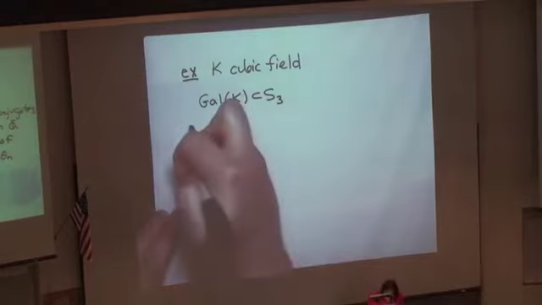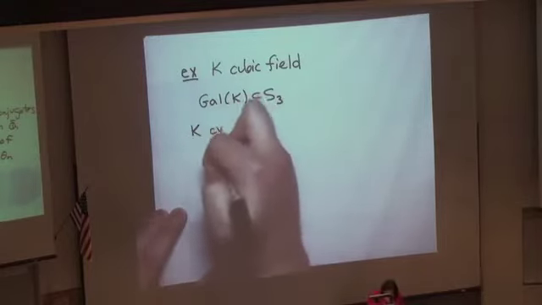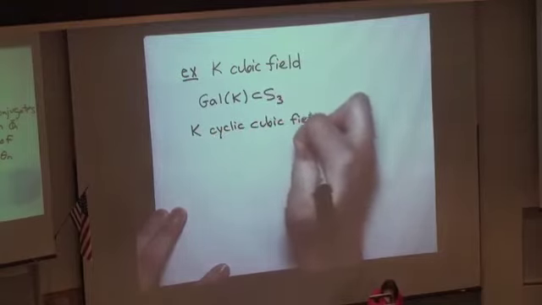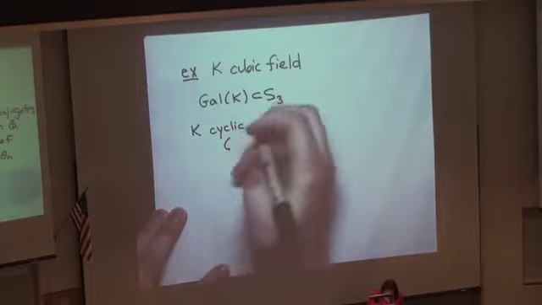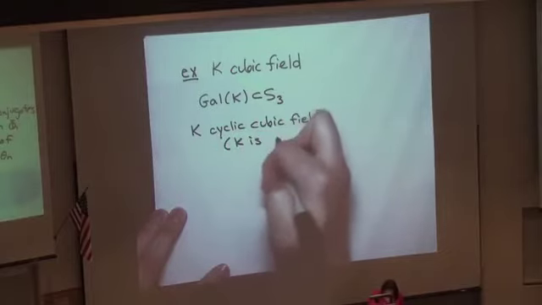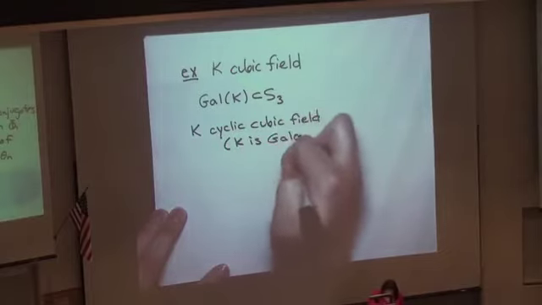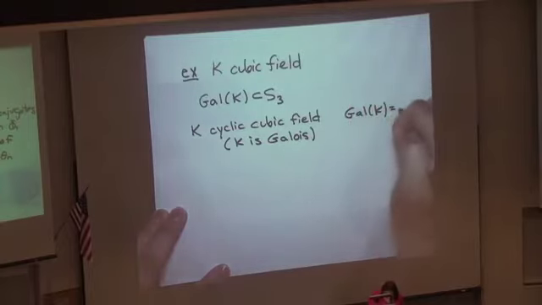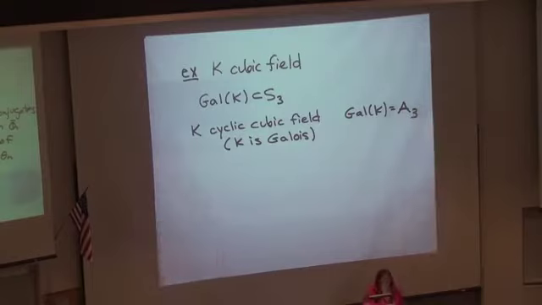So if K is what we call a cyclic cubic field, so actually K is Galois, and this Gal K is A3 or Z mod 3.